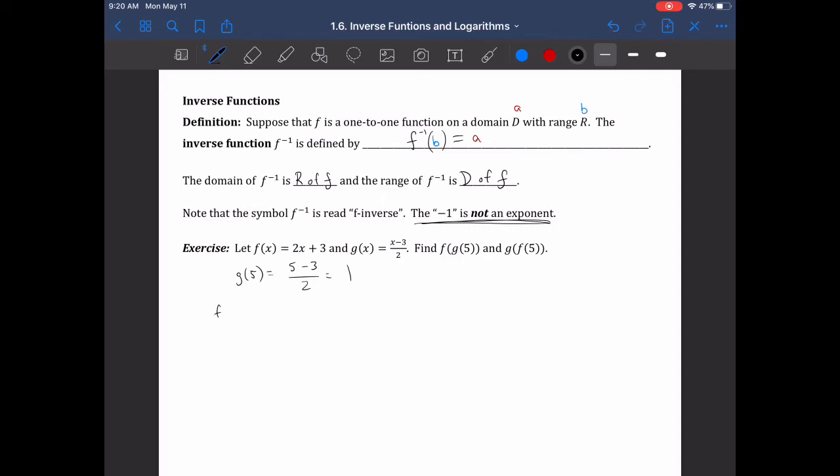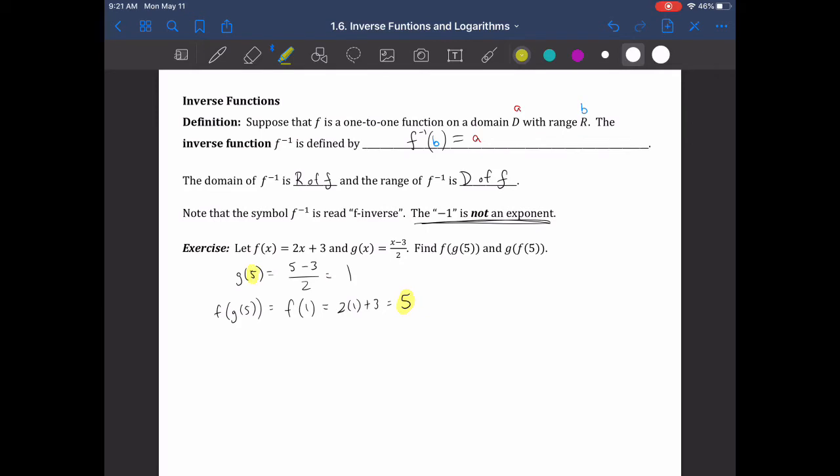And then if we do f of g of 5, that's just f of 1, which is 2 times 1 plus 3, which is just 5. Okay? So note here that we ended up with the same output that was our input. Note this 5 and this 5.